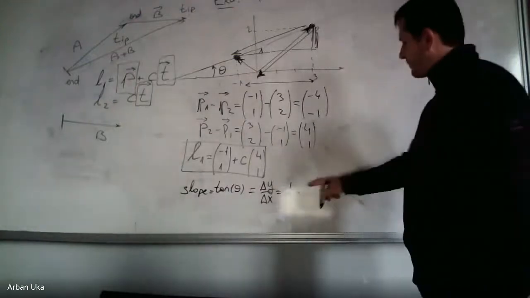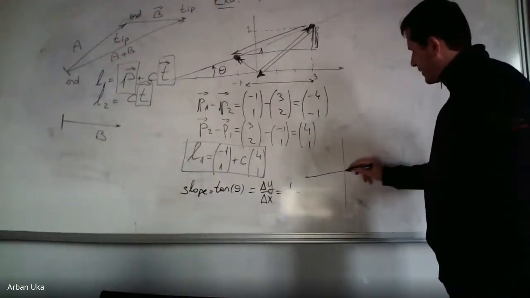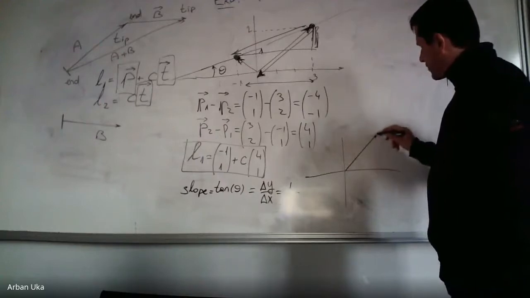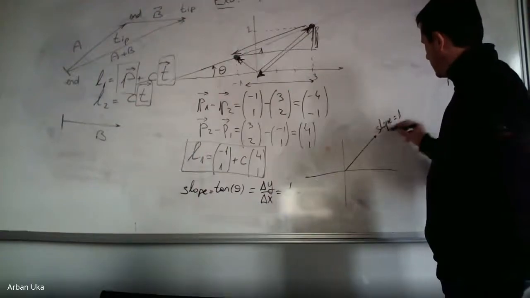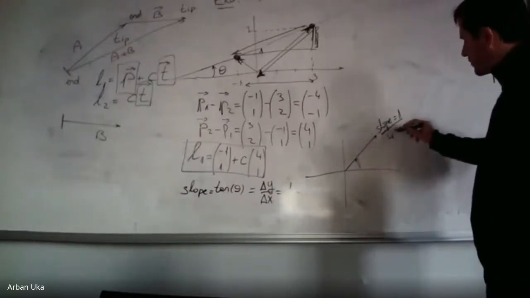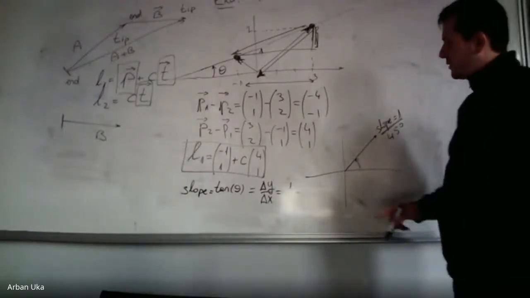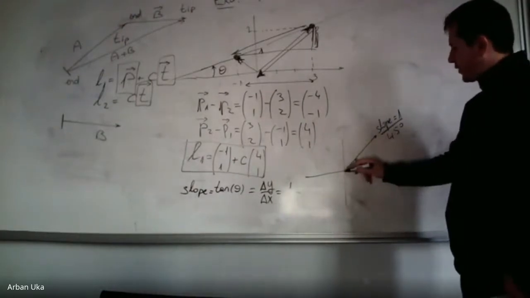So if the angle is 45, what is the slope? It is 1, that's true. Let me write this down, when the angle is 45 degrees. Now, here, we observe a slope which is 1 over 4.